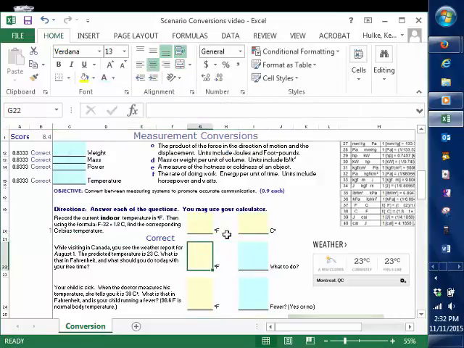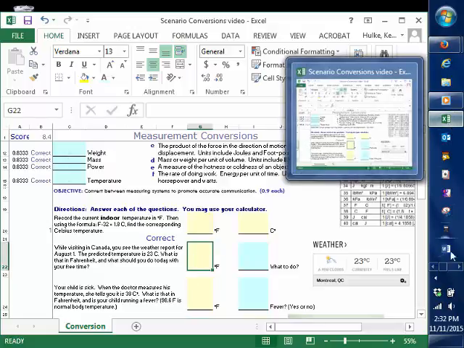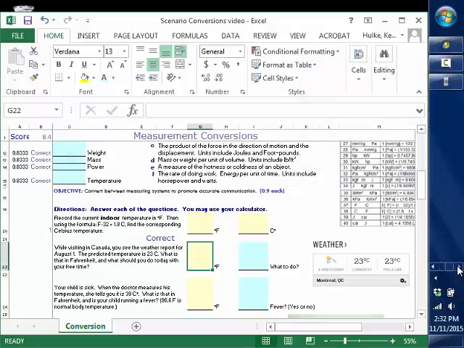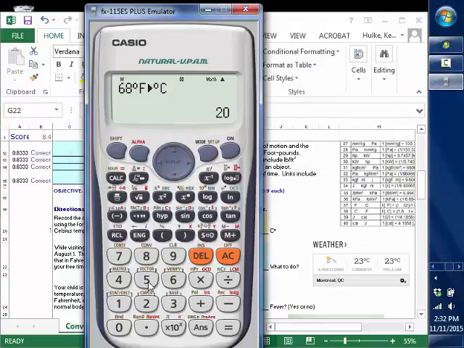Next, when visiting Canada, you see that the weather report for August 1st, the predicted temperature is 23 Celsius. What is that in Fahrenheit? Well, on our calculator, we're going to convert 23 Celsius, shift conversion number, Celsius to Fahrenheit is number 38.